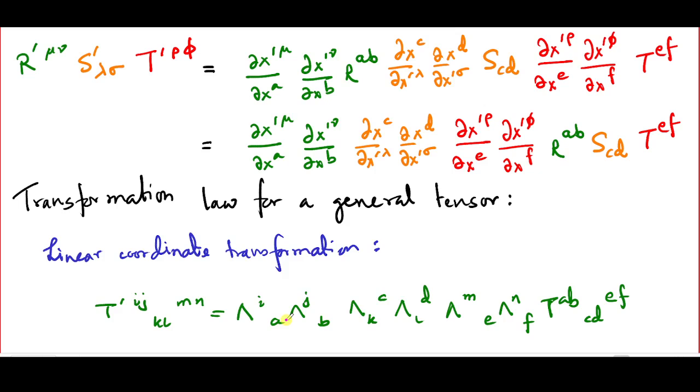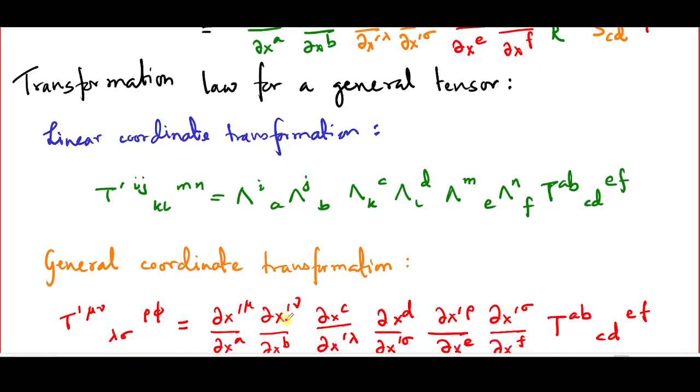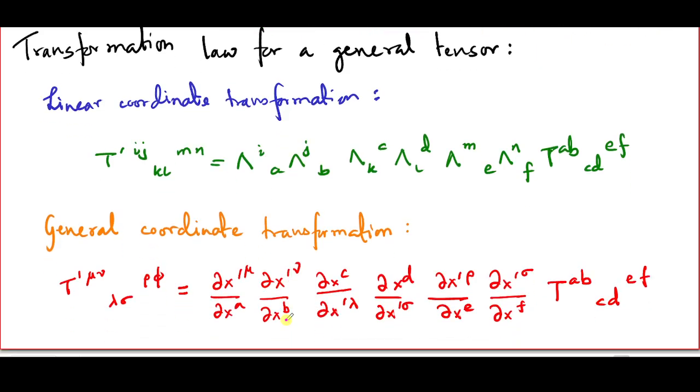Now this is for the linear coordinate transformation. For a general coordinate transformation, this is what will happen. Very similar to the linear coordinate transformation case, the upper indices will lead to vector transformation coefficients.